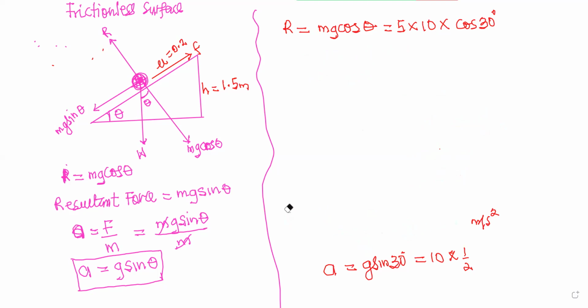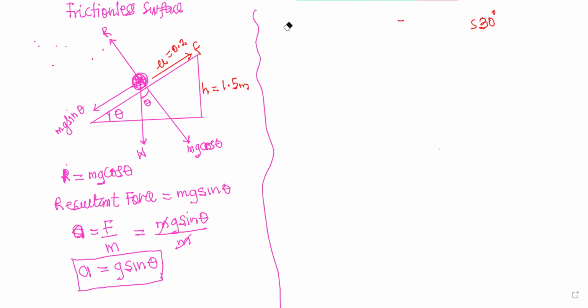I repeat the same question. This time we are factoring friction, and the coefficient of friction on the surface is 0.2. Calculate the net force acting on the body, the acceleration of the body, and the length of the inclined plane. All the best to you.